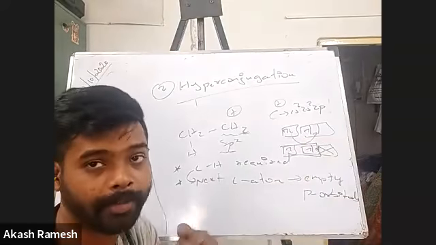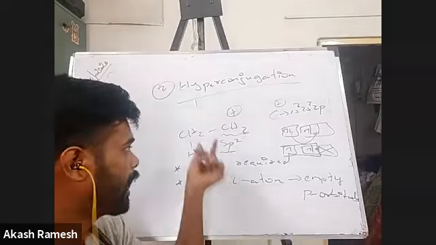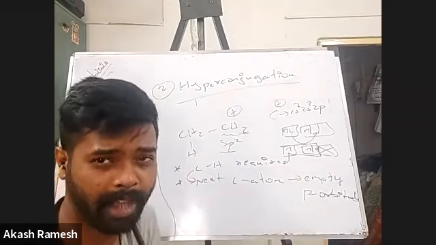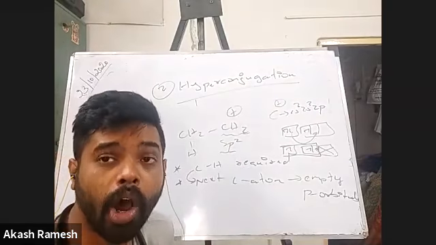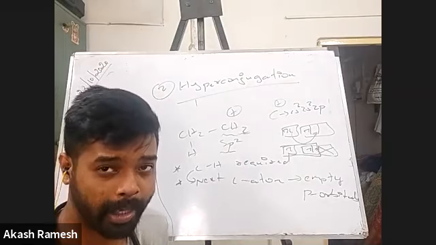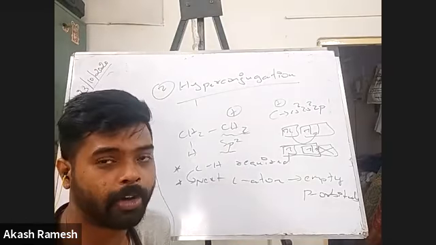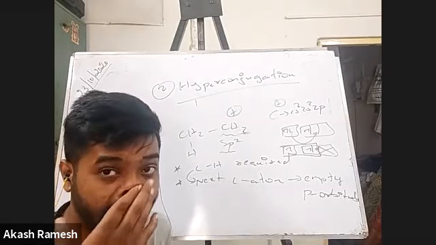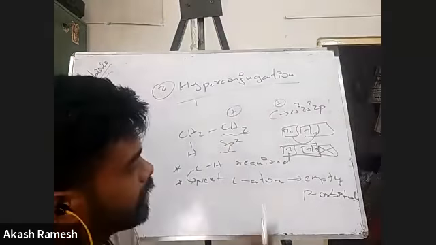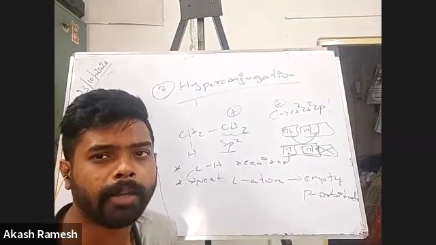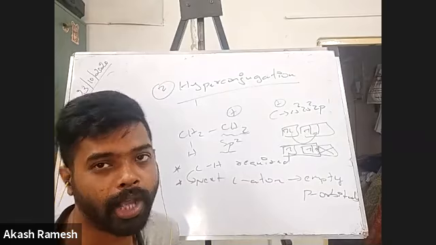So if I have a CH sigma bond, and next to that I have an sp2 or sp hybridized carbon, the sp2 carbon will have 1 empty p orbital. If I have an sp hybridized carbon, say in the case of an alkyne, I'll have 2 empty p orbitals. But I just require 1 empty p orbital for hyperconjugation to happen.